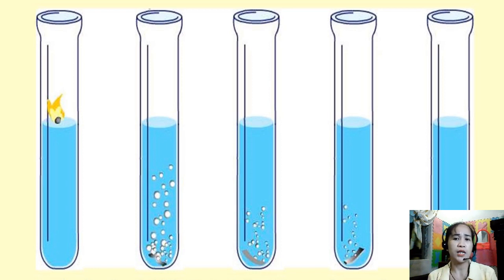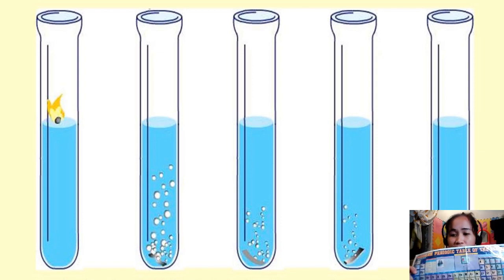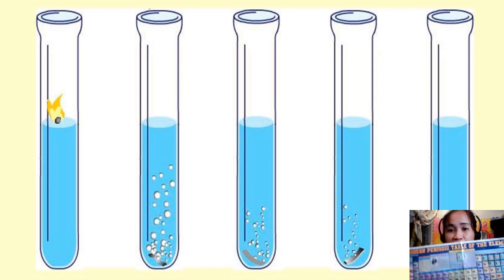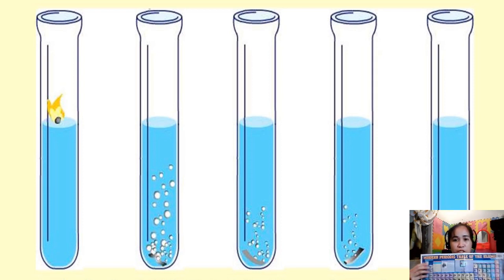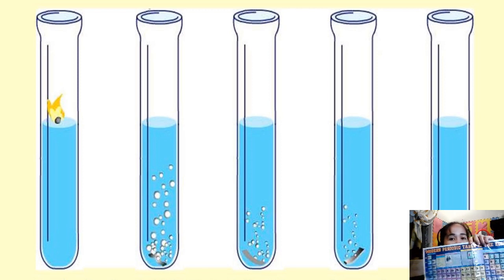You will notice that the reactions get more vigorous as you go down the group and tend to decrease across a period. So, I have here a periodic table, guys. As you can see in your periodic table, you will notice that the reactions get more vigorous as you go down the group.